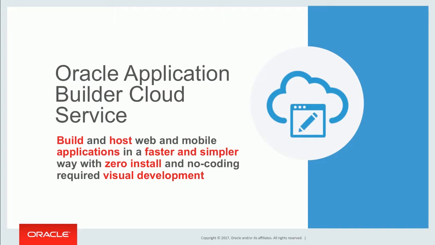You develop with it from the browser, and you run it from your browser or your mobile device. One aspect to remember here is that this is both the build and the hosting. It's the development platform and the runtime platform for the applications that you build. Although the mobile application runs on the device, it talks to the backend that you develop here.